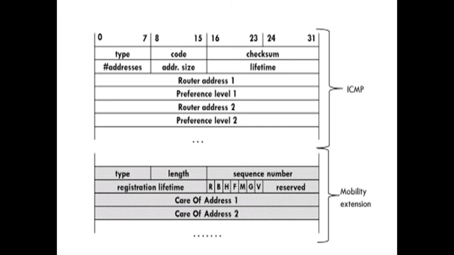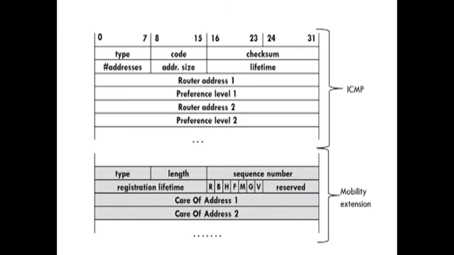If the T bit is set, then it is using the reverse tunneling method, which is supported by the foreign agent. Reverse tunneling means the packet is sent back to the foreign agent again.